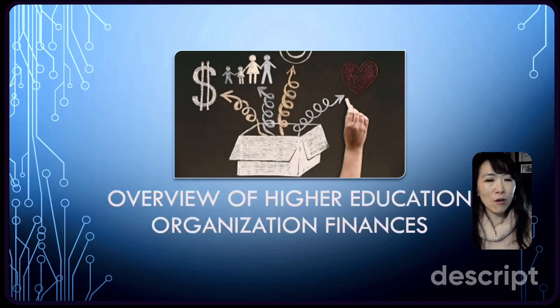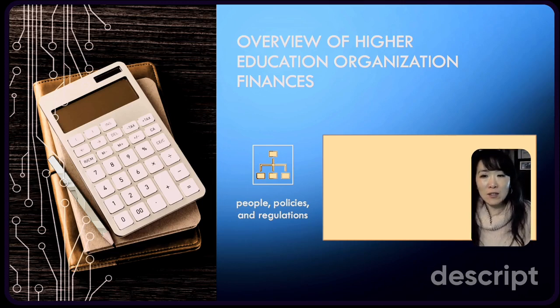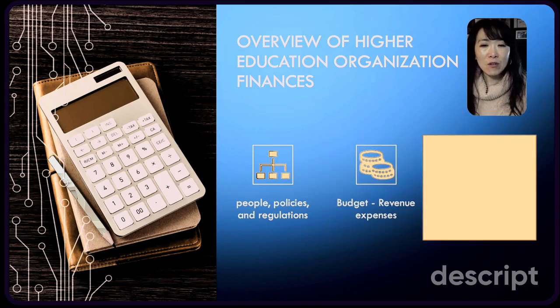So what should we be looking at? When we look at the overview of higher education and organization of finance, what we're looking at is people, policies, and regulations. When we look at these components, they determine what kind of finance and also budgeting that we need to plan. Also, we are looking at budget, revenue, and expenses in terms of money, what's coming in and what's going out.